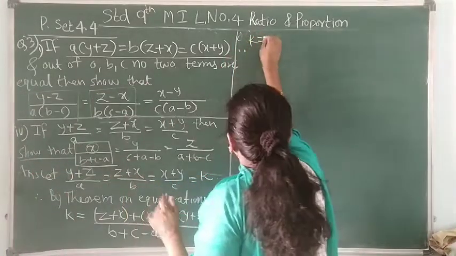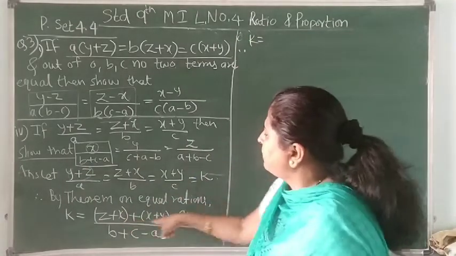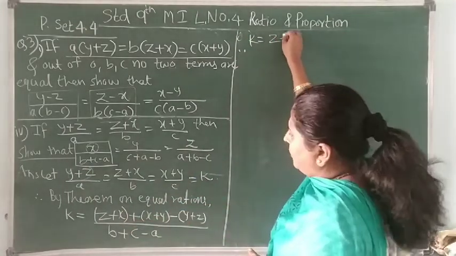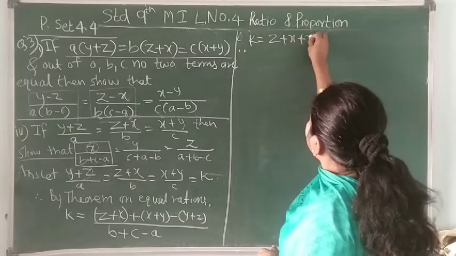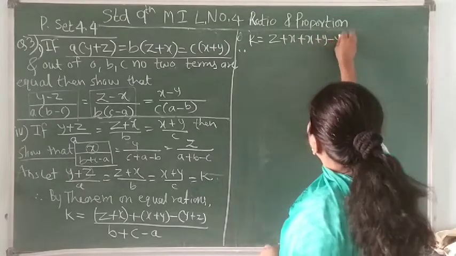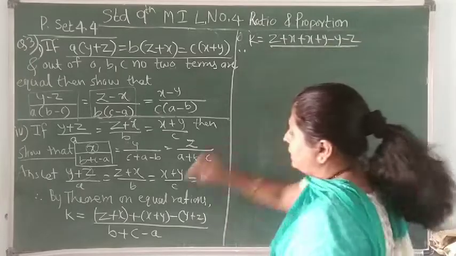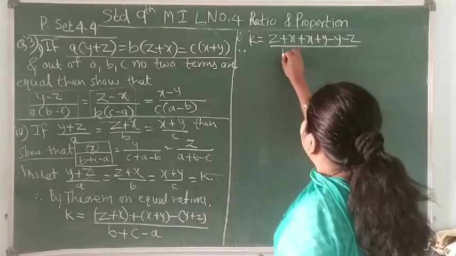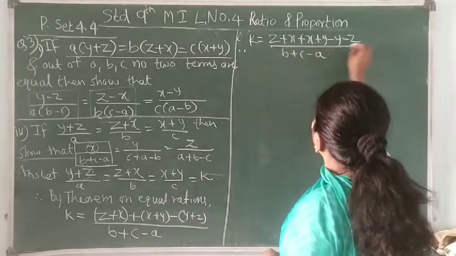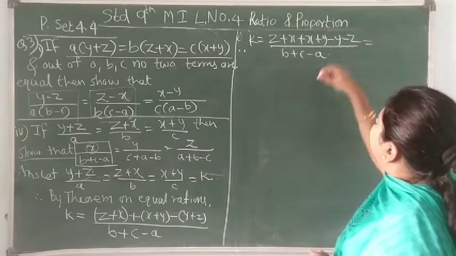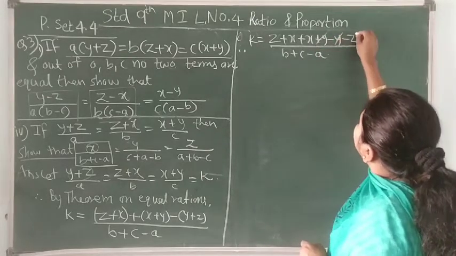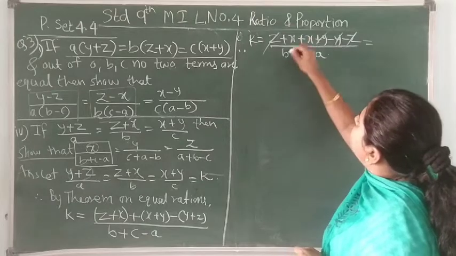Therefore k is equal to, let's do this simplification, z plus x plus x plus y minus y minus z upon b plus c minus a. Now simplify. Minus y plus y will get cancelled. Minus z plus z will get cancelled.